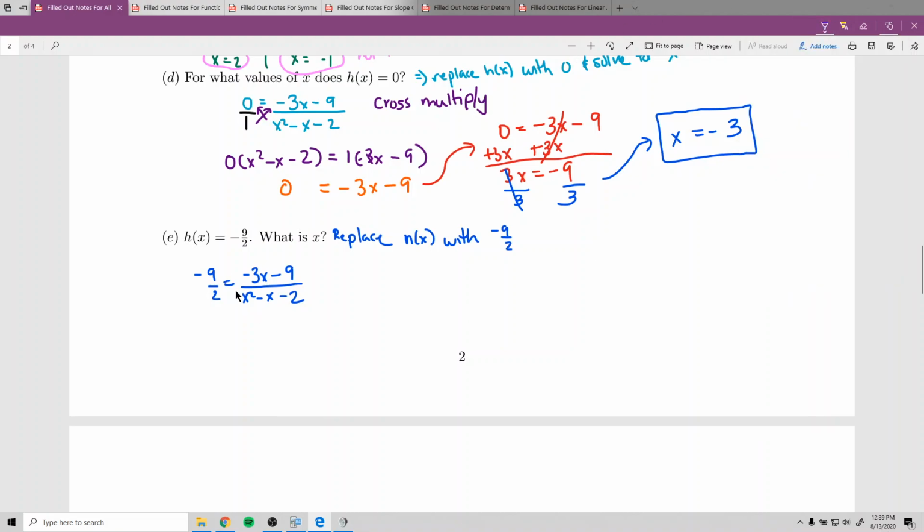This one's already a fraction on each side. We don't have to think about it differently, so cross multiply again. It's the best idea. On the left, we've got -9 times x squared minus x minus 2 equals, the right side we've got 2 times -3x minus 9.